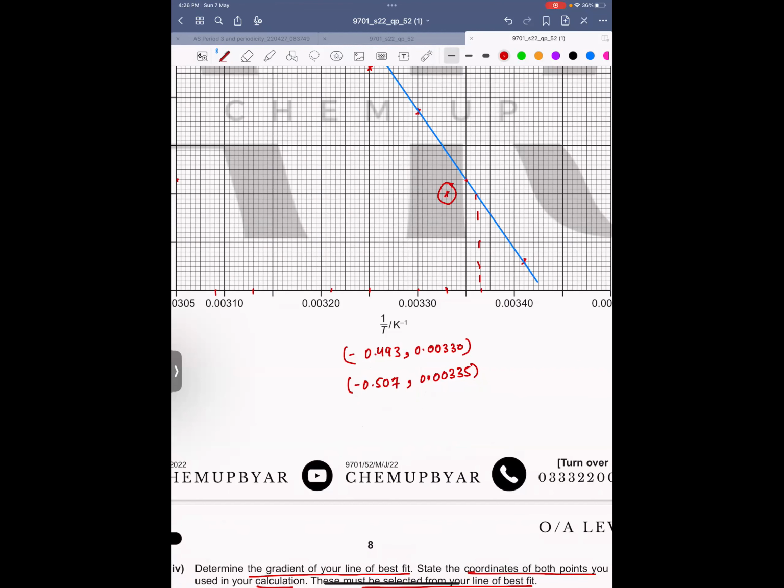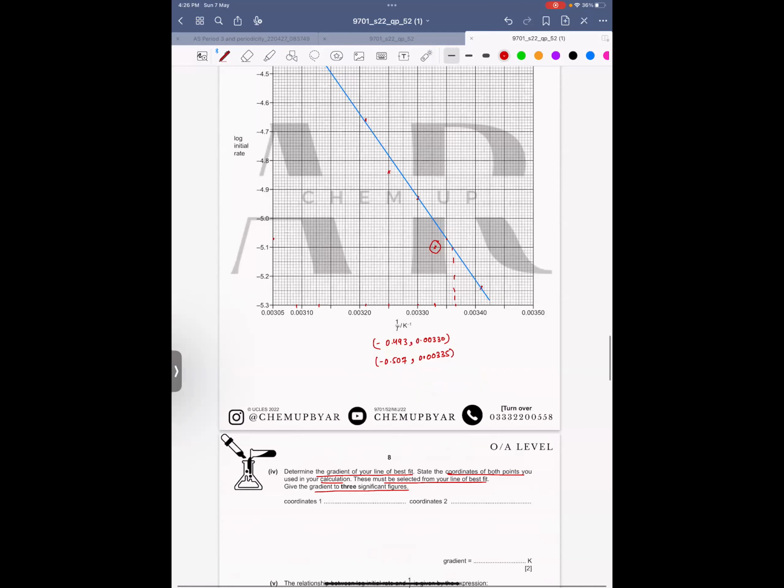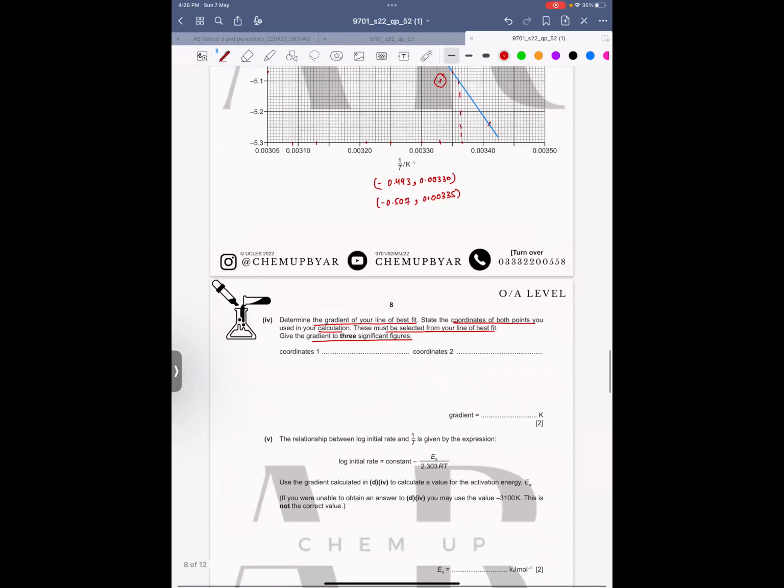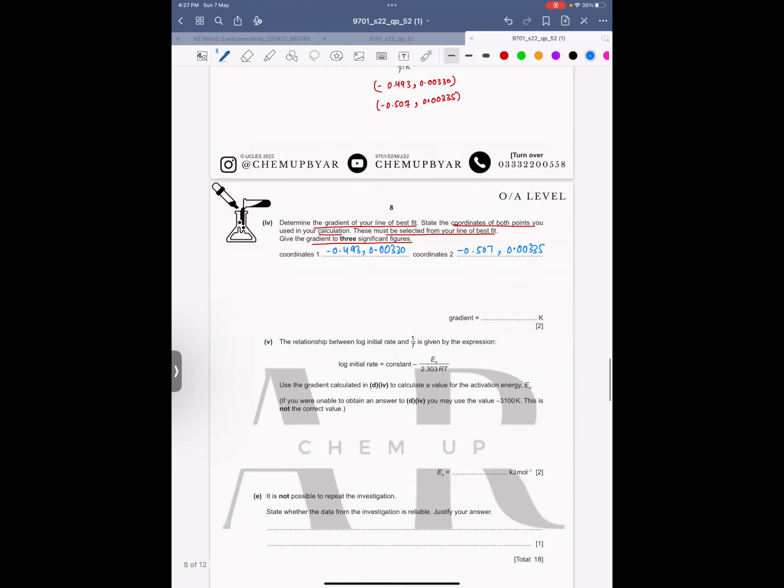So we have taken the values minus 0.493 and 0.00330 and minus 0.507 and 0.00335.